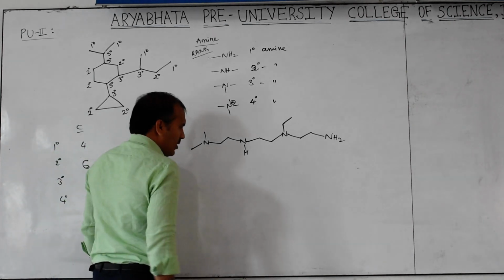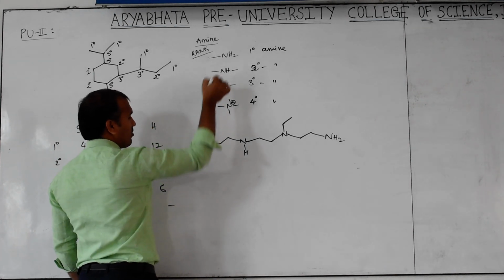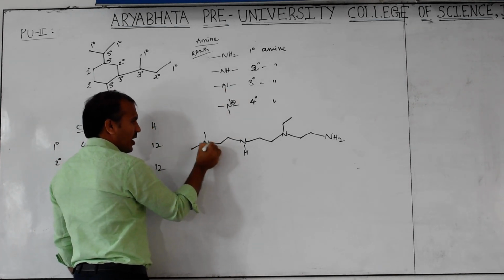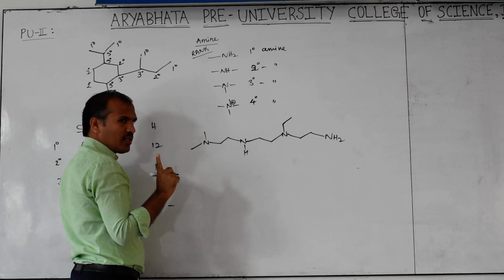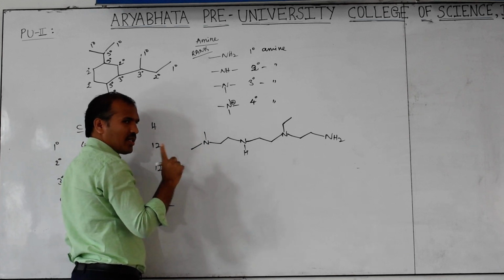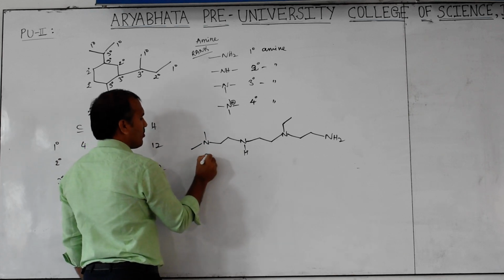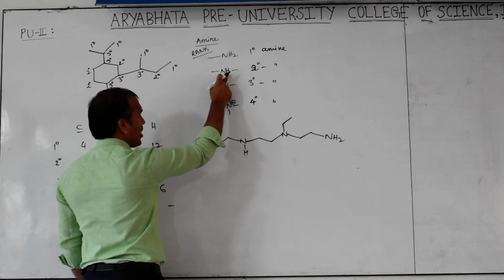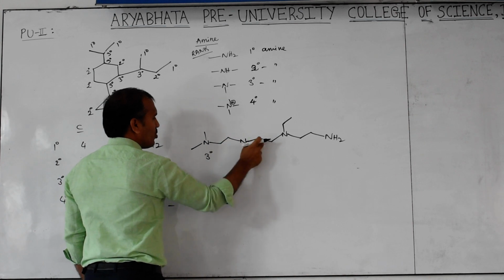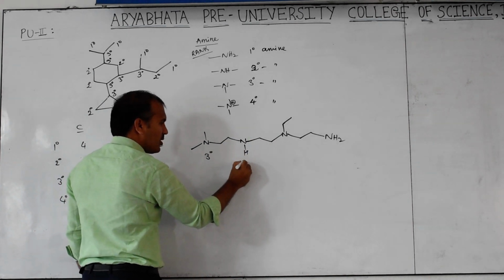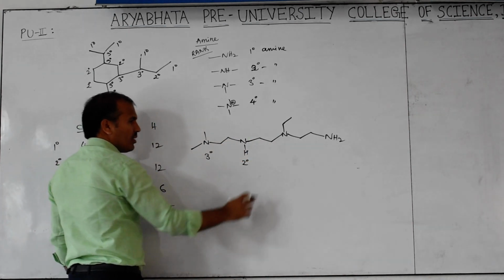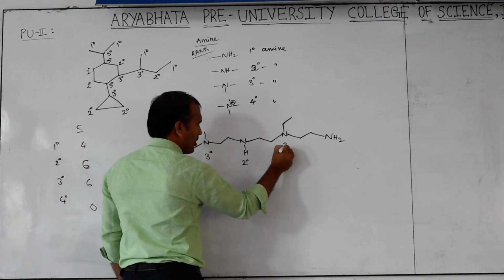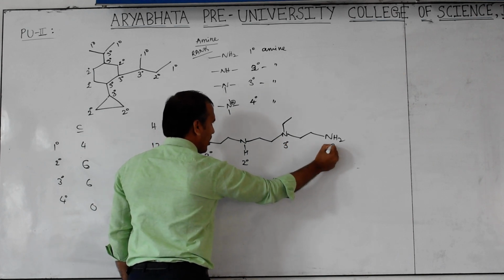Now observe this one. This nitrogen has 3 bonds. Is any positive charge there? No. It means it is tertiary or quaternary? Tertiary. This is nitrogen with 1 hydrogen, 2 bonds: 1 bond, 2 bond, 1 hydrogen. Then what do you call this? Secondary amine. This is tertiary amine. This is primary.